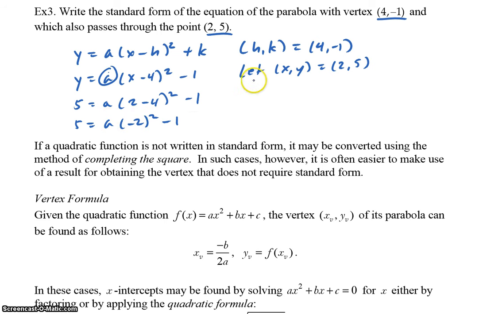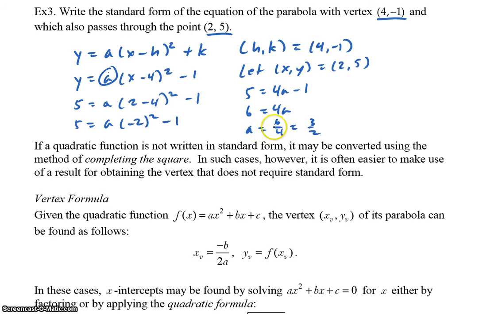That is, 5 equals 4a - 1, since (-2)^2 is 4. Add 1 to both sides to obtain 6 equals 4a. Divide both sides by 4. a equals 6/4.